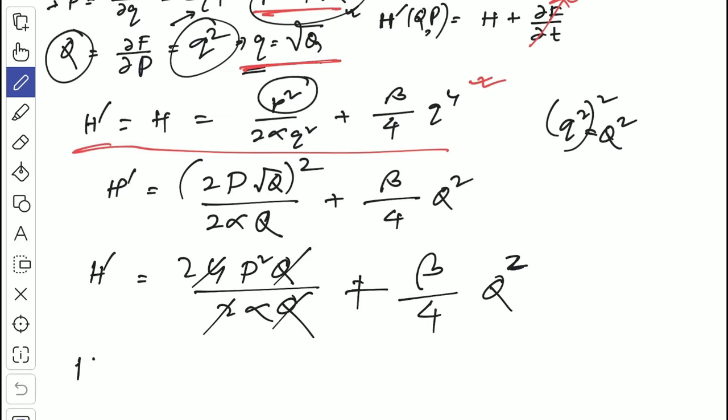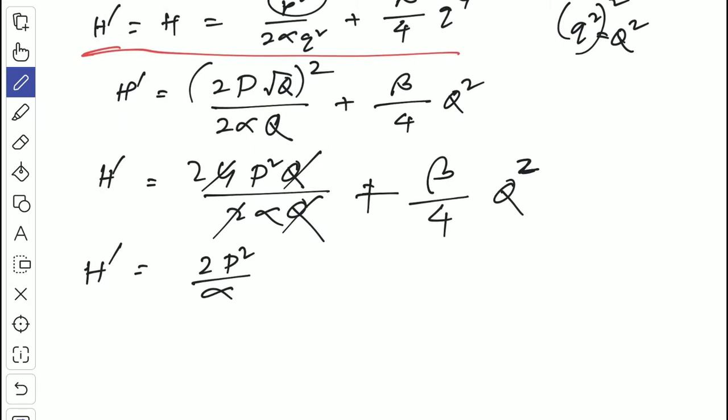So here is the final result, a final Hamiltonian, that is 2 capital P square by alpha plus beta capital Q square by 4.